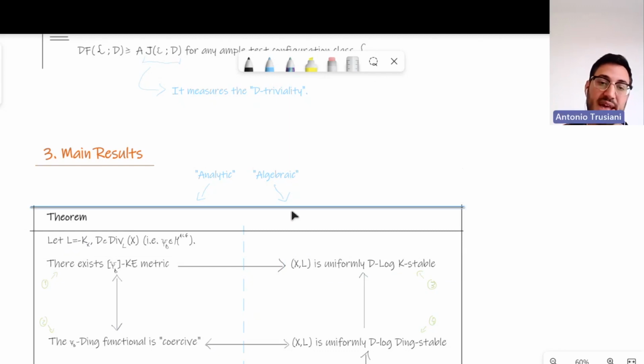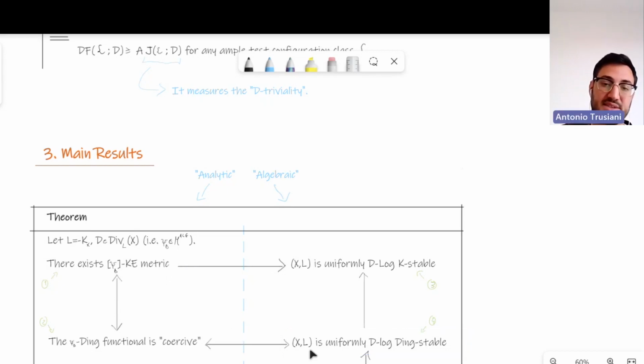But when L is the anti-canonical line bundle, you can also define this notion of Ding stability that is more useful and easier to study than K-stability. And I can prove both arrows here. So in particular, this already produces an algebraic interpretation of Kähler-Einstein metrics in terms of D-log Ding stability. We have an if and only if.